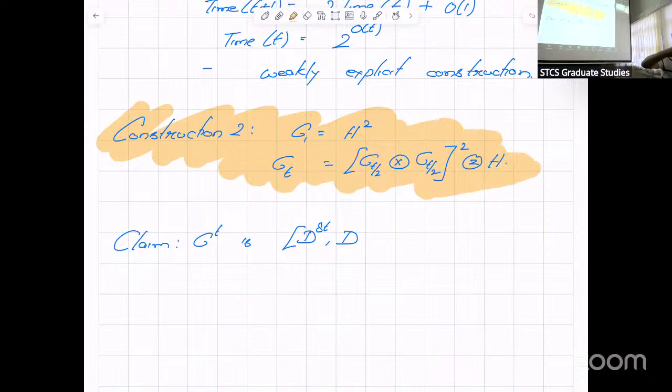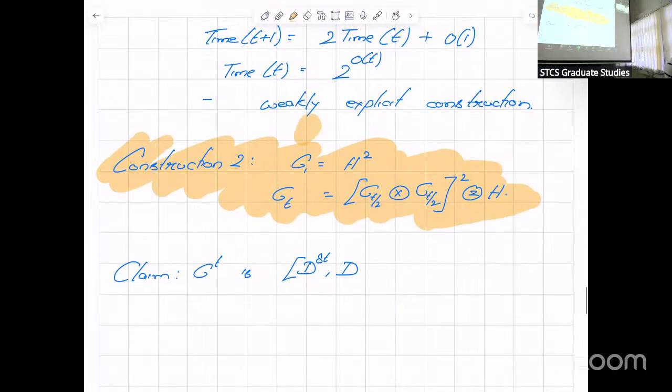Let's assume we are only constructing for powers of 2. H I'm going to initiate to be something else. H is going to be a d power 8, degree d, 1/8 expander.